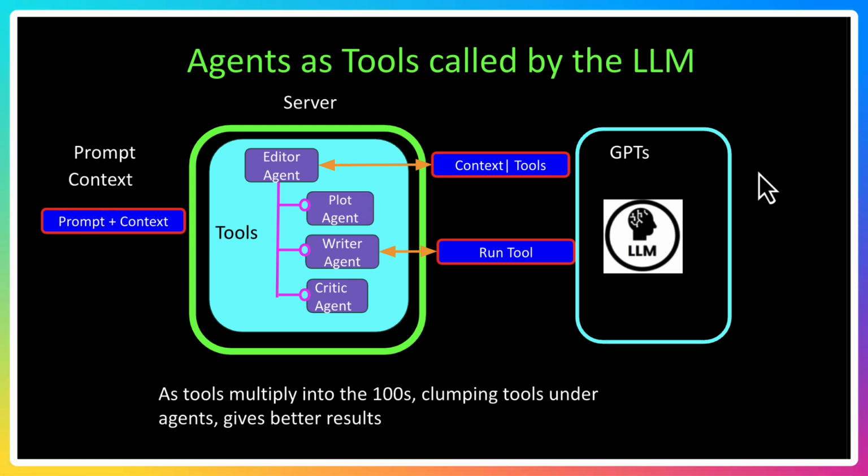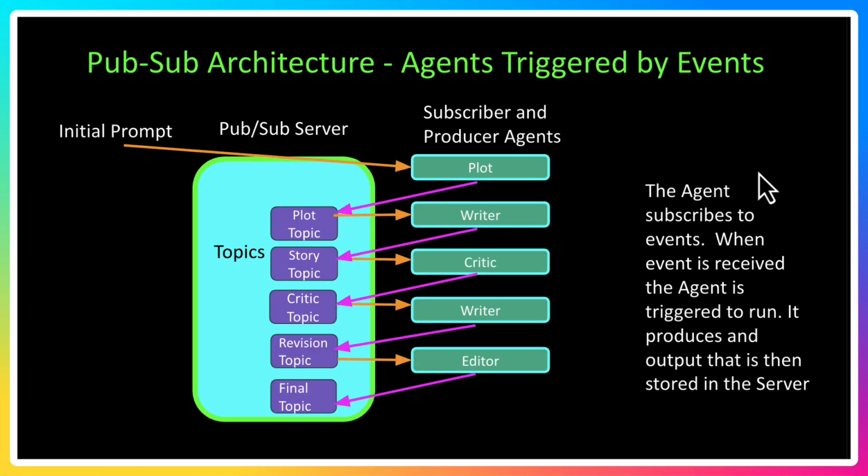Let's take a look at a different way. In this one, we're going to use what we call a PubSub architecture. So here's a PubSub architecture for writing a children's story. And in this case, the agents are going to be triggered by events. So here we have a PubSub server, and that's going to have topics.